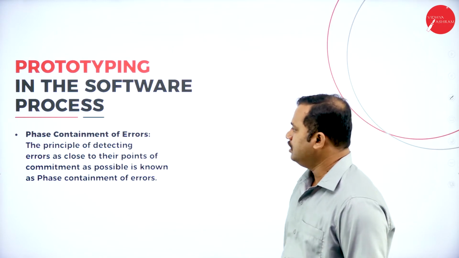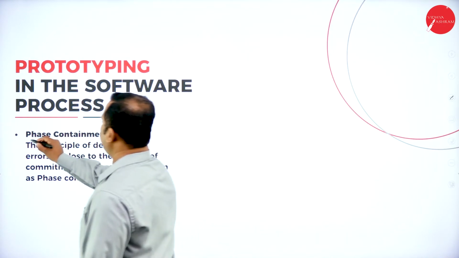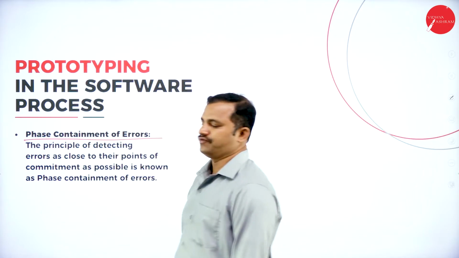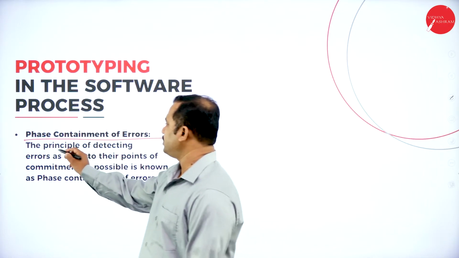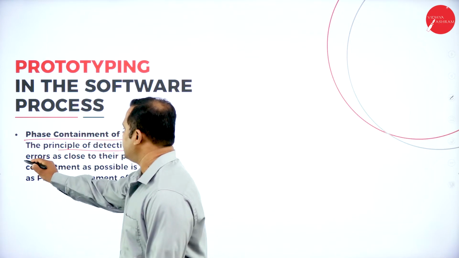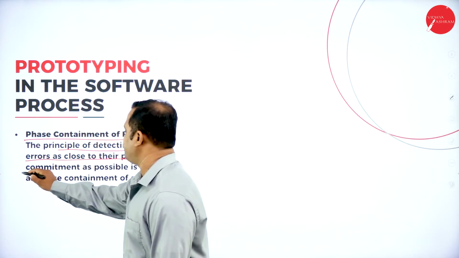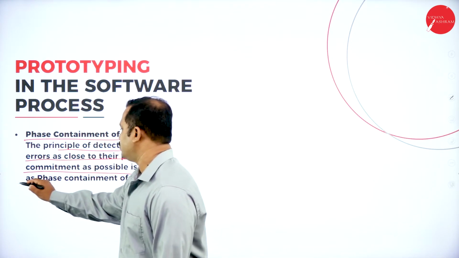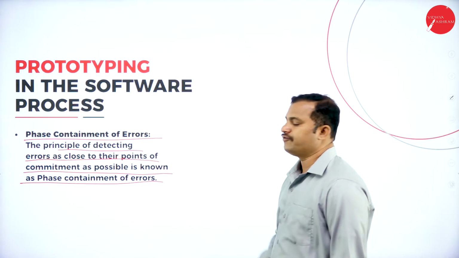Then, phase containment of errors. What is the meaning of this? The principle of detecting errors as close to their points of commitment as possible is known as phase containment of errors.